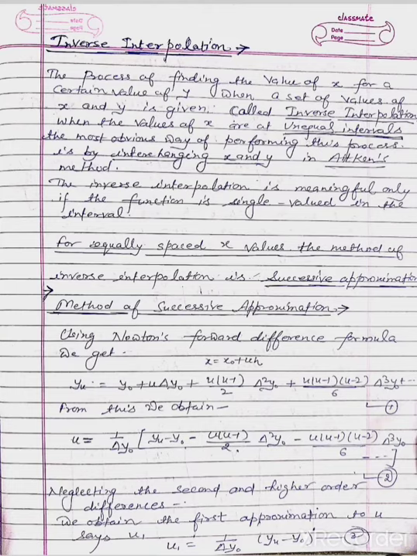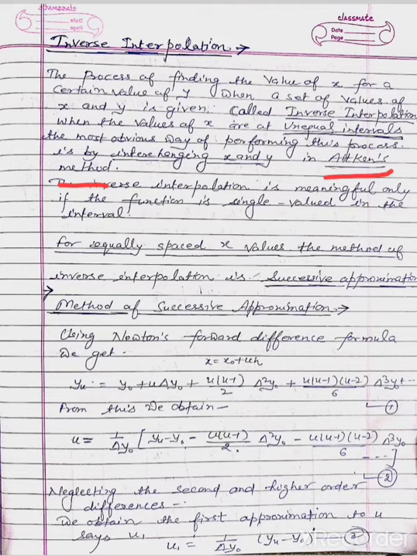Then to perform this process of inverse interpolation, we use Aitken's method by interchanging x and y.